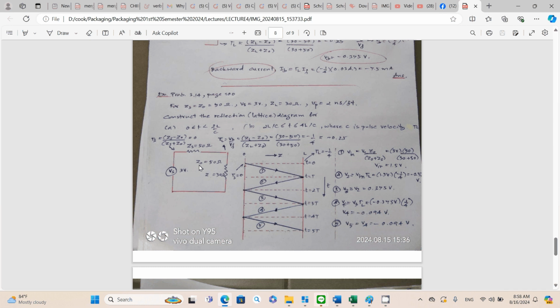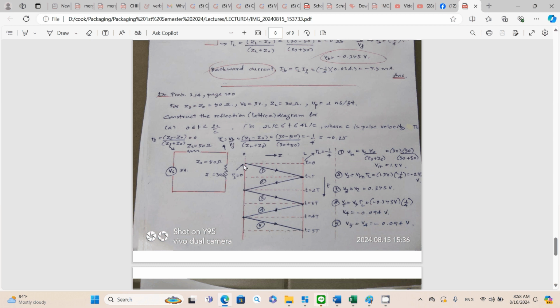Since Z0 equals Zs, your reflection coefficient turns out to be 0, or you match the impedance at the source end. Now for the load end, you have tau L equal to the load impedance ZL minus characteristic impedance divided by ZL plus Z0. You end up with negative 1/4.